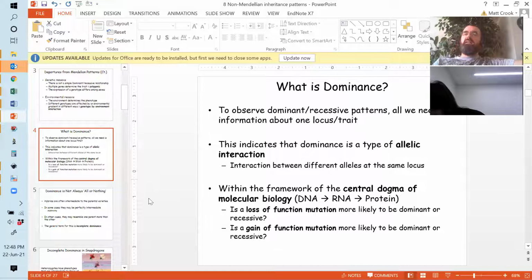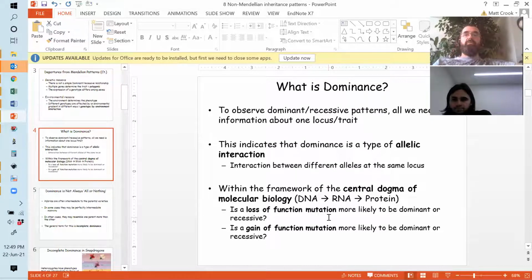So down here, loss of function mutation is almost always recessive, because it just doesn't work. If you have a functioning copy of that gene on the other chromosome, then you'll never see that recessive phenotype. That's really what dominance is all about. But you can have other stuff going on. You can have a gain of function mutation, where a gene or a protein may be functioning all the time, even when it shouldn't.